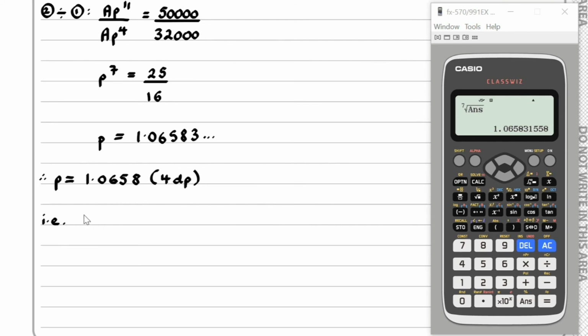We've got 32,000 equals a multiplied by 1.06, etc. to the power of 4.